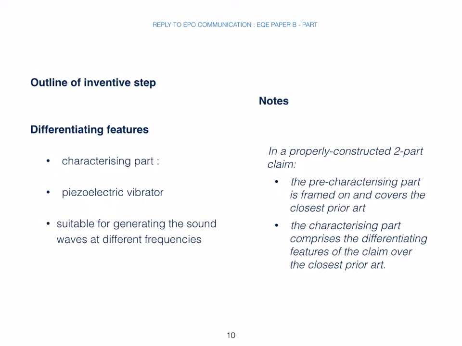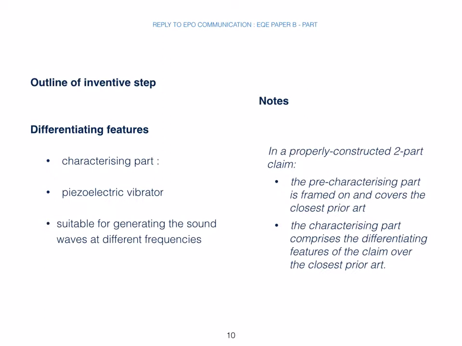In a properly constructed two-part claim, the pre-characterizing part is framed on and covers the closest prior art. The characterizing part then comprises the differentiating features of the claim over the prior art. Identifying the differentiating features usually presents little difficulty. Remember, however, it is the differentiating feature of the claim over the prior art, not the differentiating feature of the prior art over the claim.